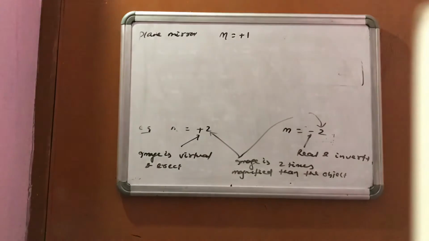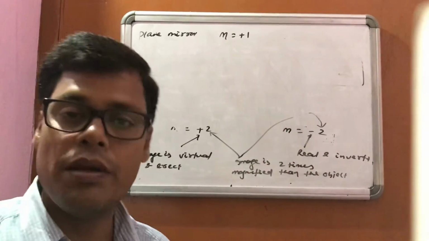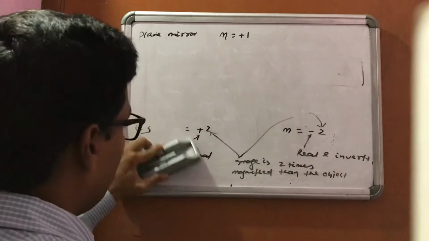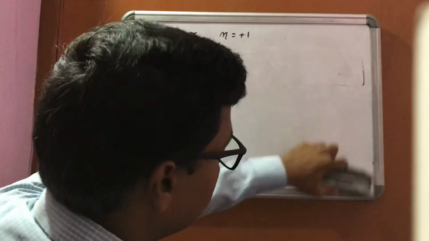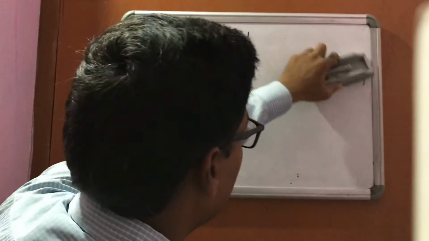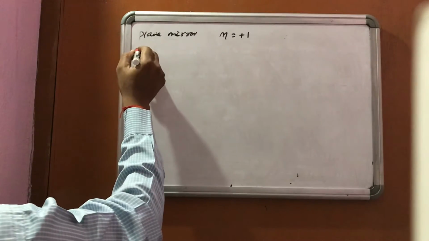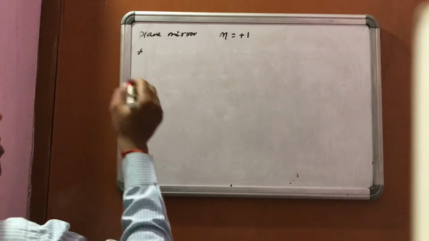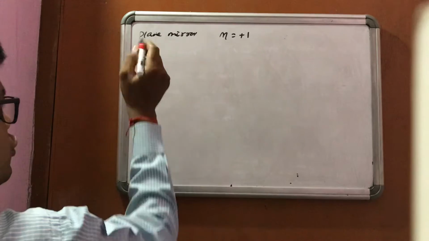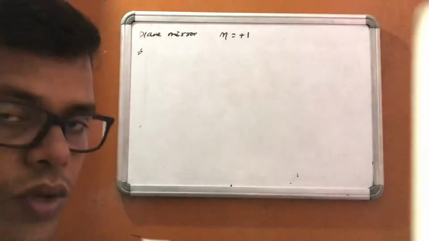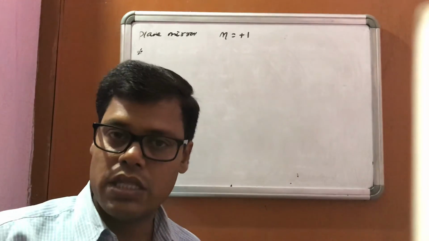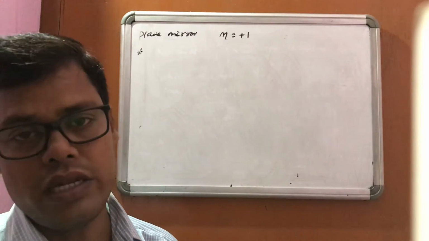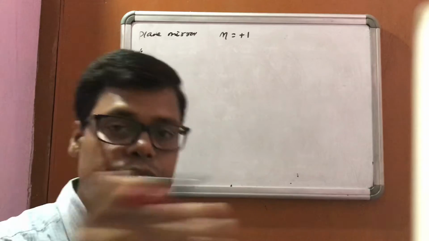Okay? Now, how can you solve a problem based upon the mirror formula? Remember, to solve this, generally we always take the object on the left side of the mirror. That means the object is in front of the mirror and the light ray passes from left to right.